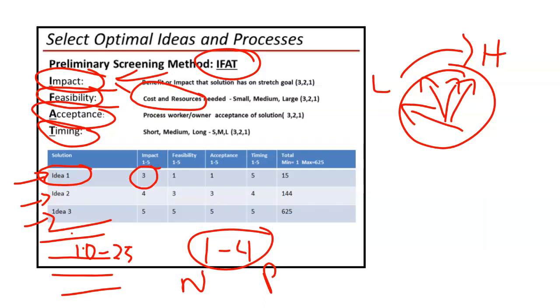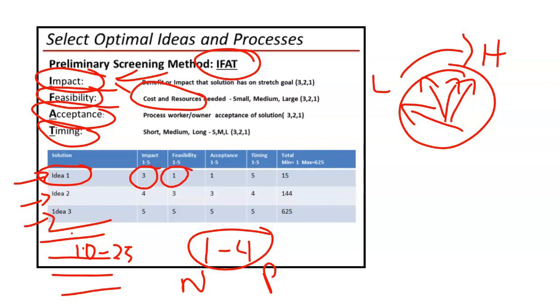Then it's pretty feasible. Or is this something where the solution is going to require 4,000 people hours at a cost of $2.3 million to implement this new inventory management system? Not very feasible. We score it again on a 1 to 5 scale, where lower numbers mean less feasible, higher numbers mean more feasible.